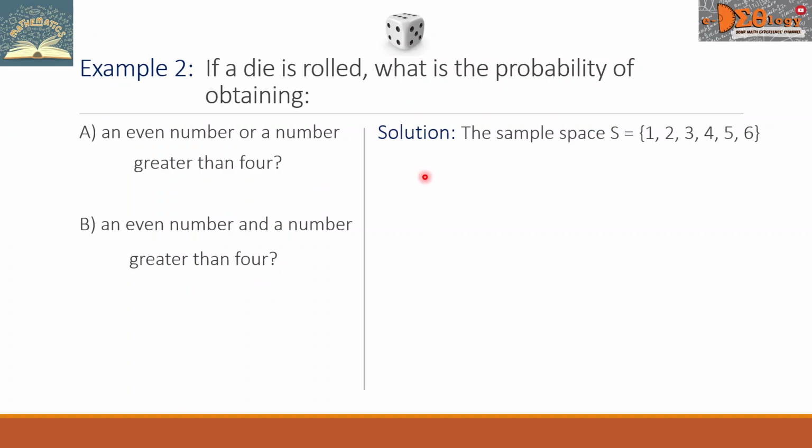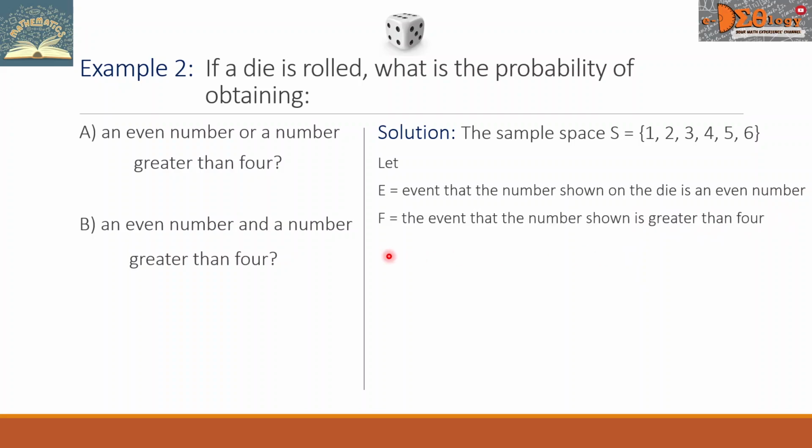For our solution, first, we show the sample space for the die. We have S equals 1, 2, 3, 4, 5, and 6. Then, we let capital E equal the event that the number shown on the die is an even number. We let F be the event that the number shown is greater than 4.